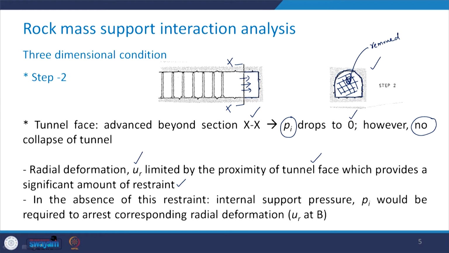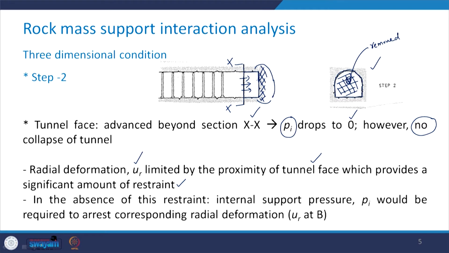See, this section XX is very much near to this face of the tunnel. Because here you have the rock mass through which the excavation has to take place. So, this rock mass here provides the sufficient amount of restraint and therefore, the radial deformation UR is limited in this case.